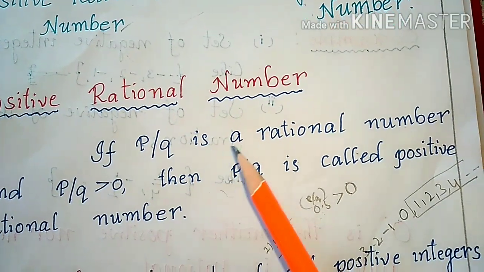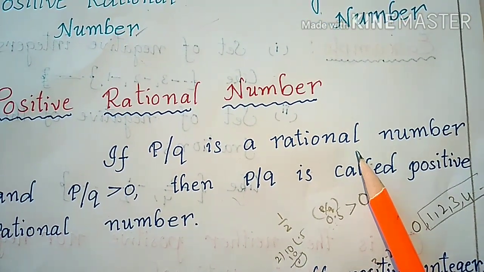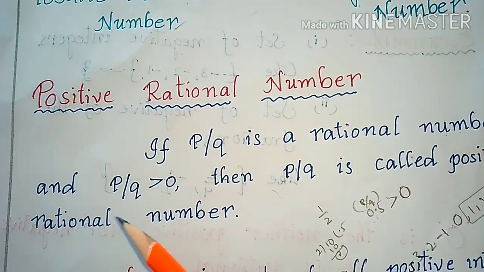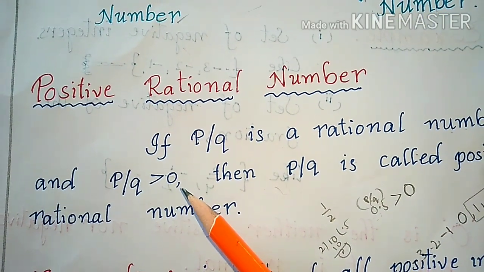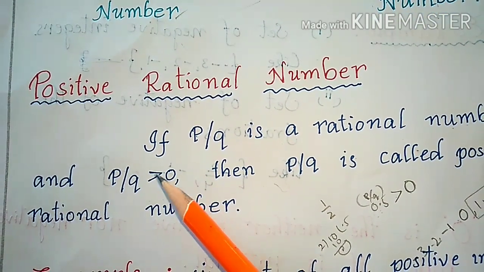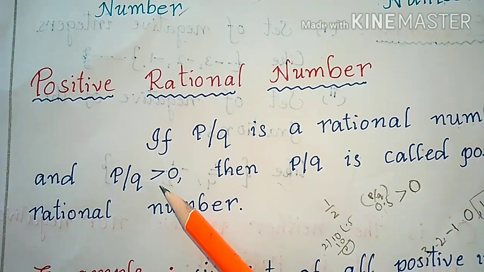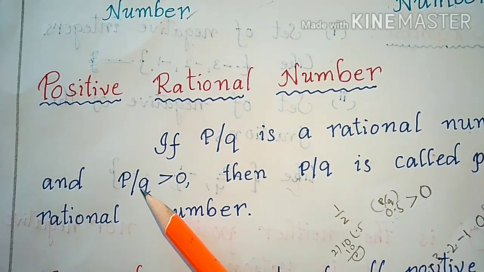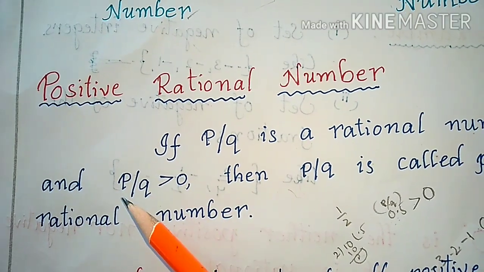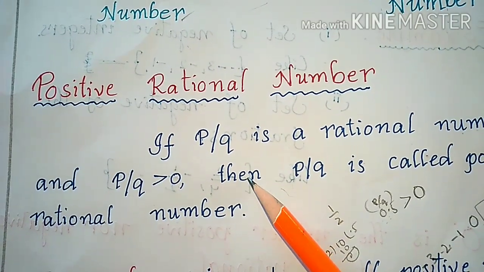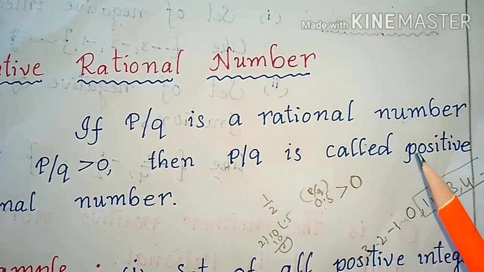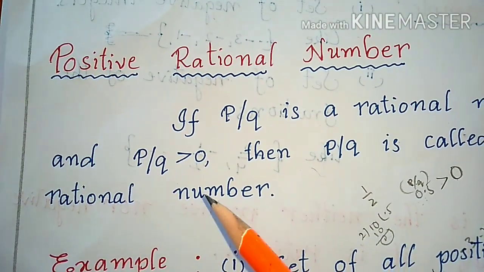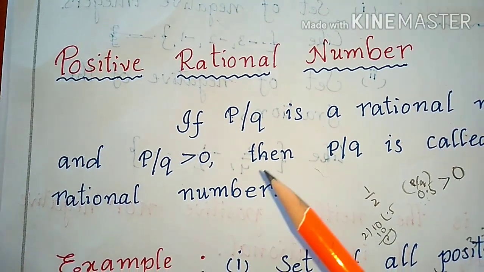If p by q is a rational number and p by q is greater than 0, meaning the values are above 0, then p by q is called a positive rational number.